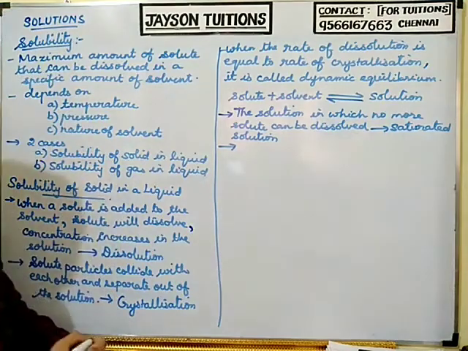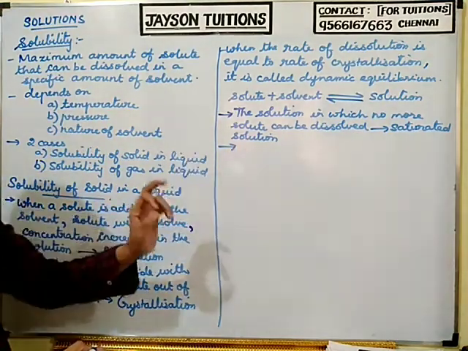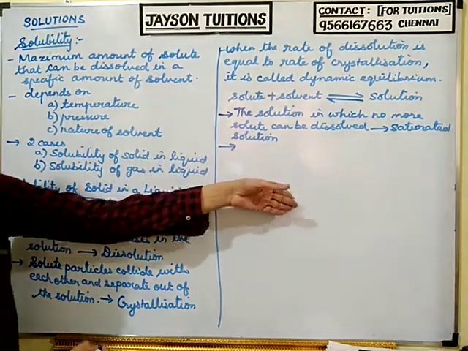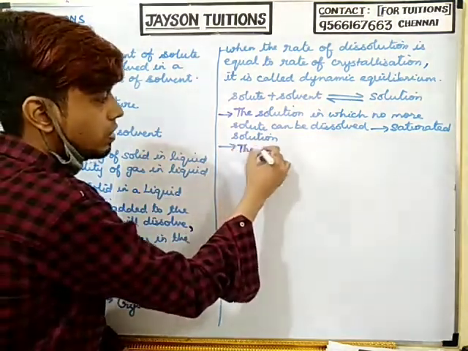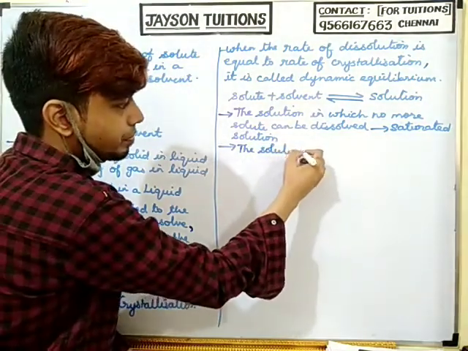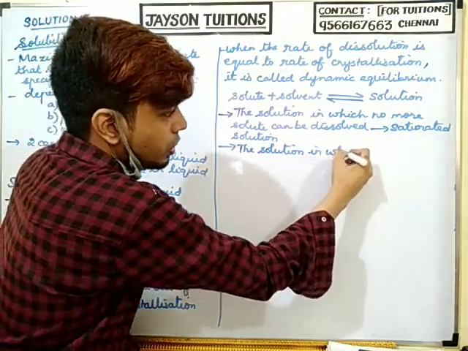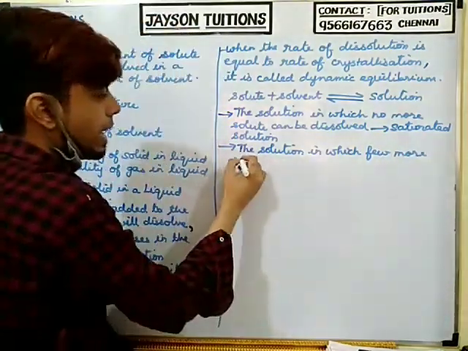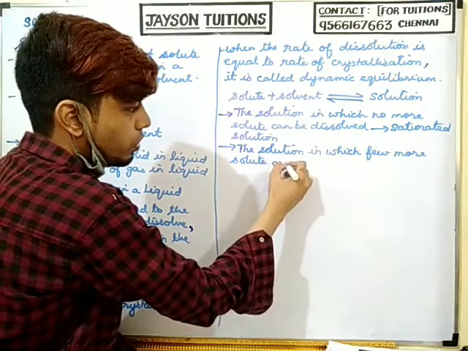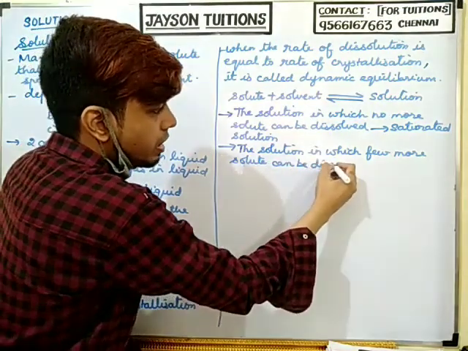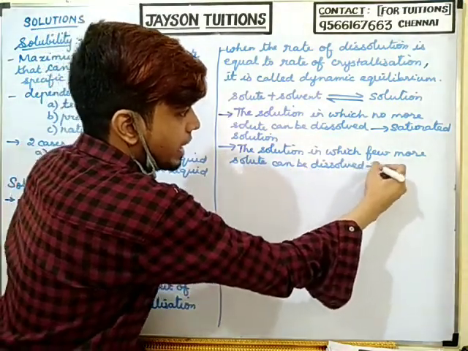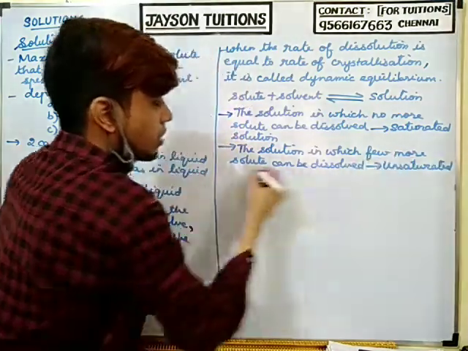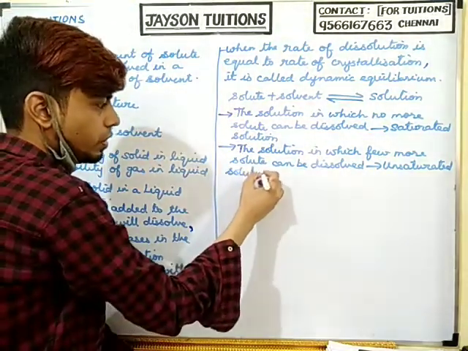Then what will be an unsaturated solution? Unsaturated solution means we can still add some solute in that. The solution in which a few more solute can be dissolved is called unsaturated solution.